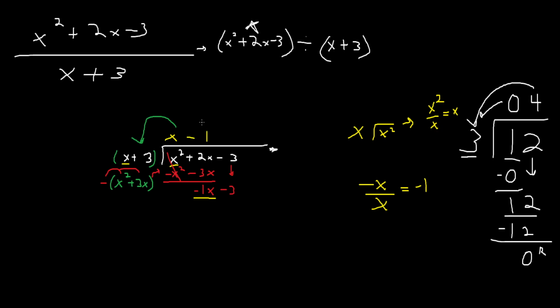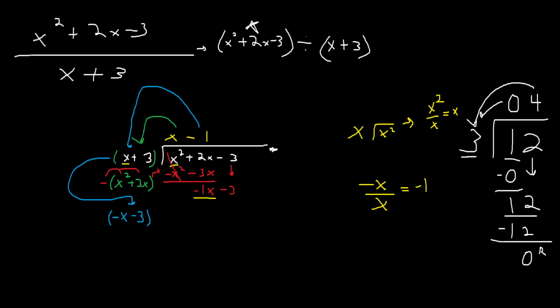And now I'm going to switch colors. Now I'm going to do that negative 1 times my x plus 3. So I'm going to write this down here. Negative 1 times x plus 3 is negative x minus 3.